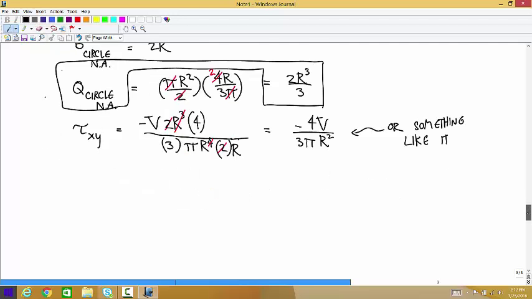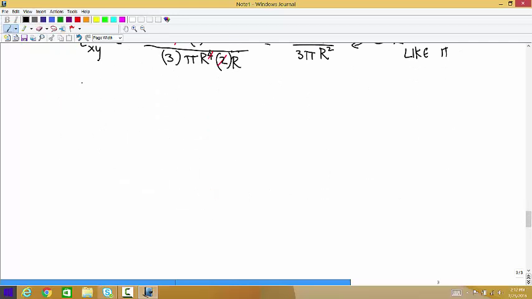Okay, so let's do an example with a circular cross-section. So let's say we have a cantilever on the left. Let's say it's 1 meter long.